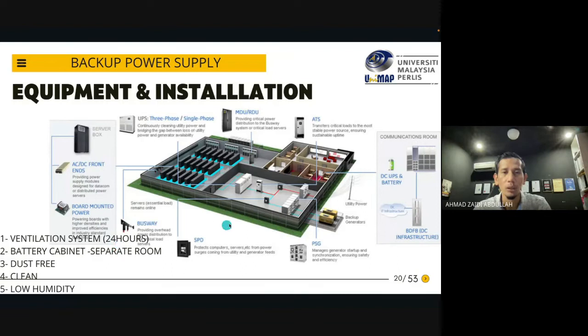Contoh normally we have two split aircon. One aircon 12 hour and the another one is 12 hour. So 12 hour this aircon will on and then off, and then after that continue with this another aircon. So that room must be 24 hour air conditioning, ya.